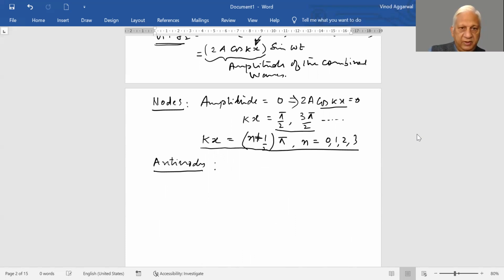So an antinode is a place where y is maximum. And when is y maximum?